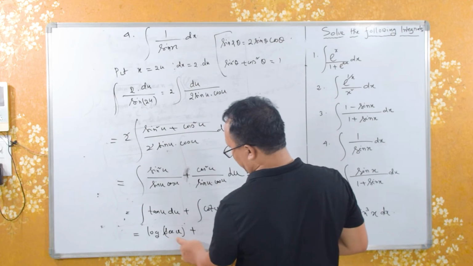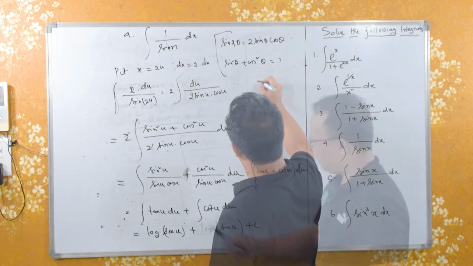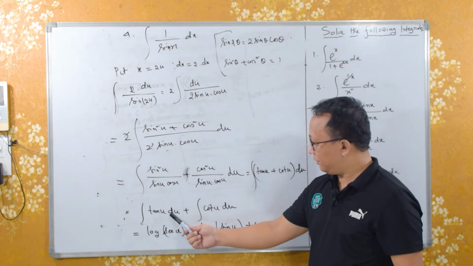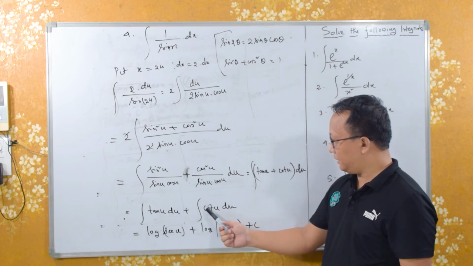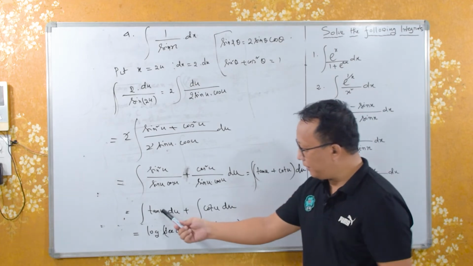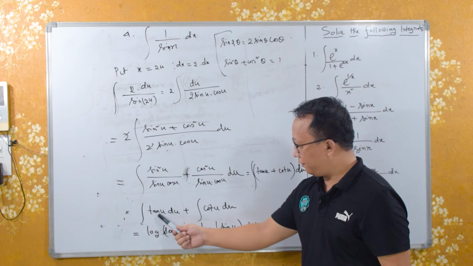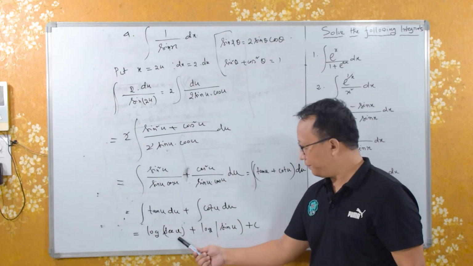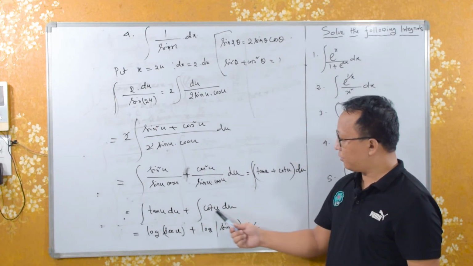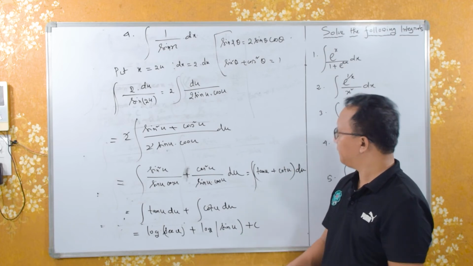Because we have integral of tan u du plus integral of cot u du. So by formula, integral of tan u is the same as log of sec u plus integral of cot u is the same as log of sin u.